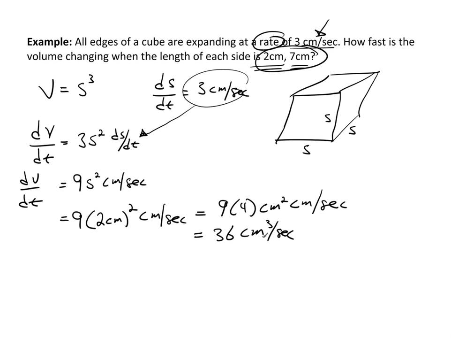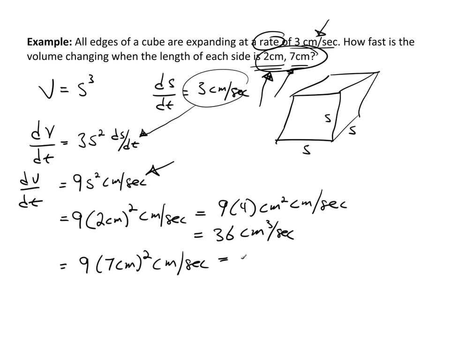So the volume is changing at a rate of 36 cubic centimeters every second at this moment. That's the instantaneous rate of change. When I'm at 7 centimeters, this is going to be 9, I'm going to use this one again right here, 9 times, and now I have 7 centimeters squared times centimeters per second.